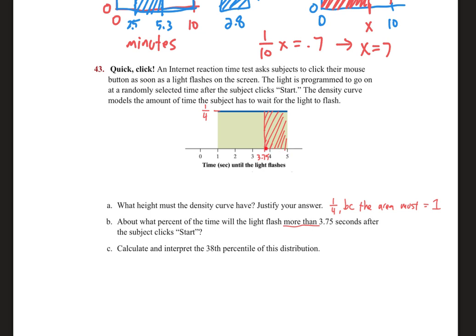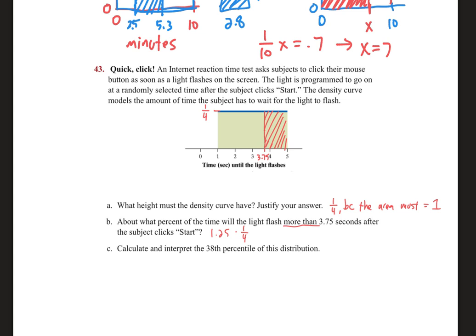That's this base here. This length is 1.25, just 5 minus 3.75. Then multiply by 1/4.